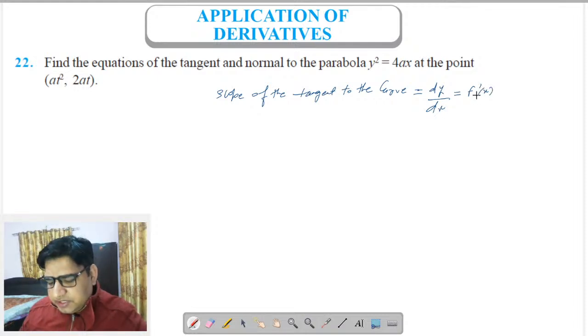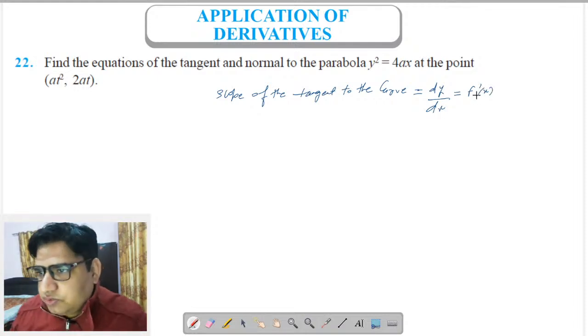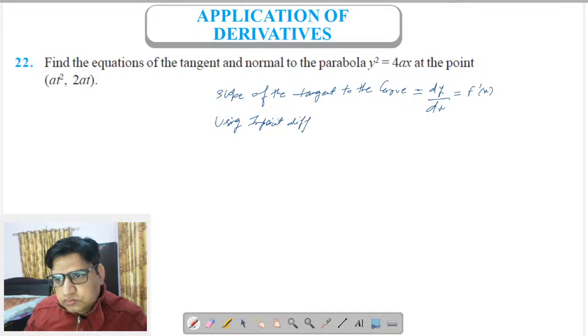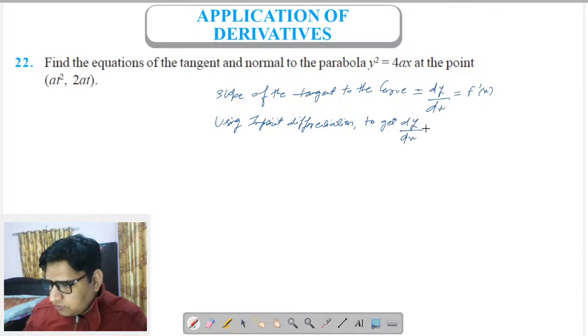Here we have y square is equal to 4ax given to us. So what we do here is use implicit differentiation to get dy by dx.